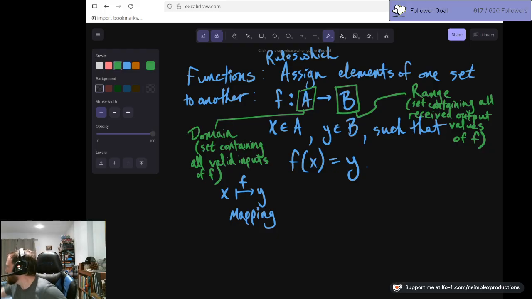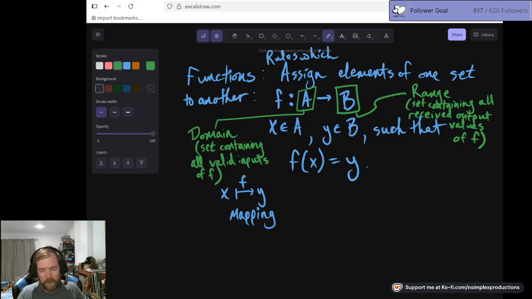I don't particularly like it if, for instance, somebody were to say that the output of the square root function would be all real numbers. Yeah, sure, the range set can be all real numbers, but you're only actually going to receive back those which are non-negative.